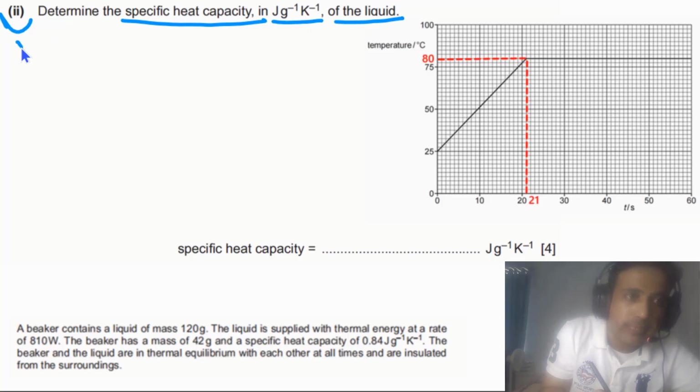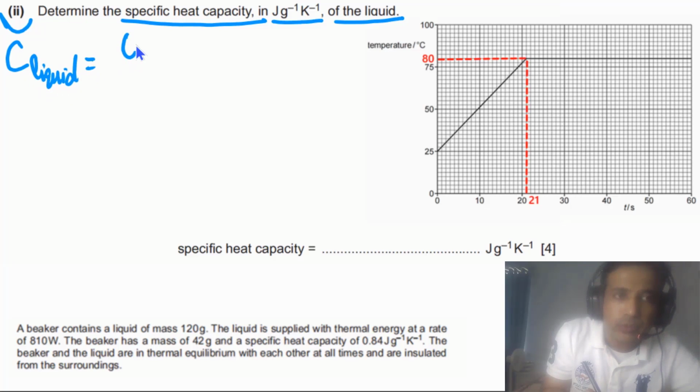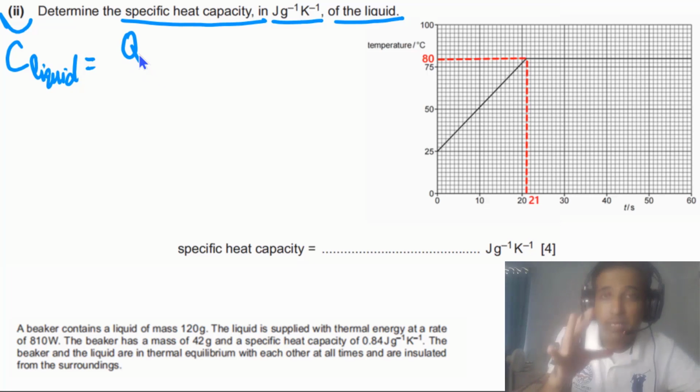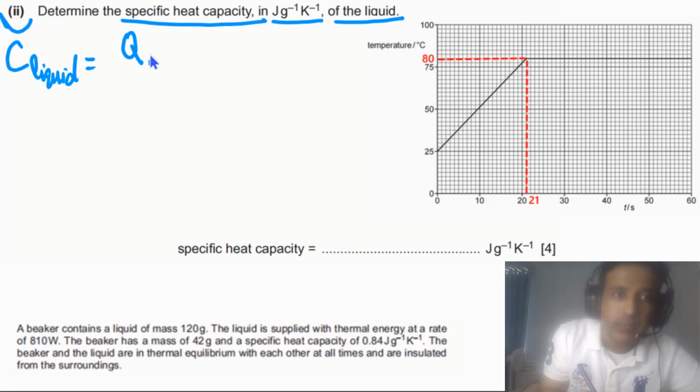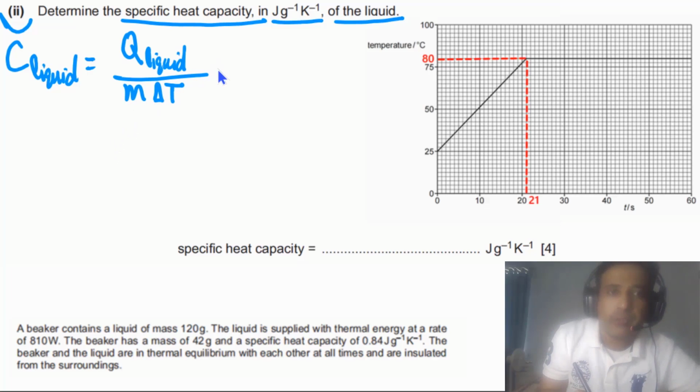So we need to determine C for the liquid. C for the liquid has to be equal to Q supplied to the liquid, meaning thermal energy supplied to the liquid, divided by M times delta T, the rising temperature. In this case we don't have Q liquid, so we can leave that part.